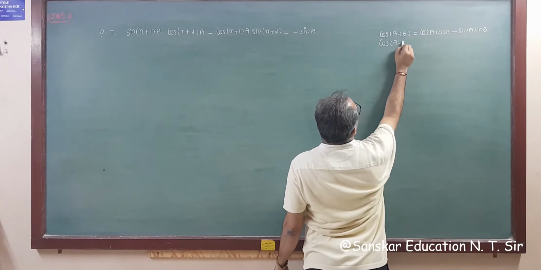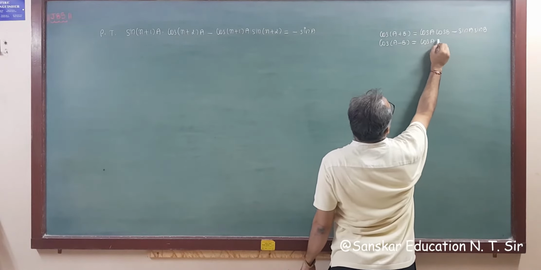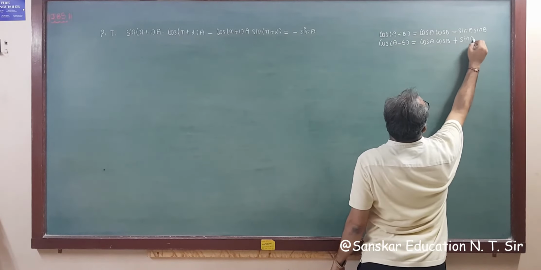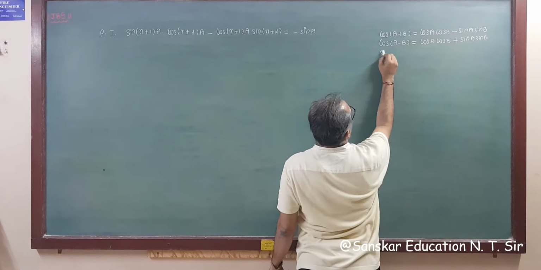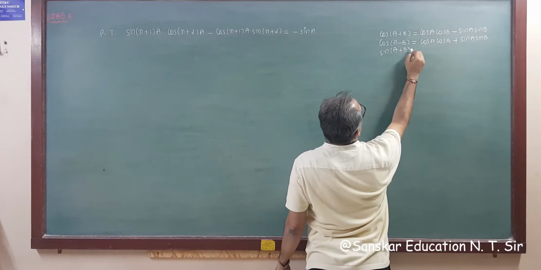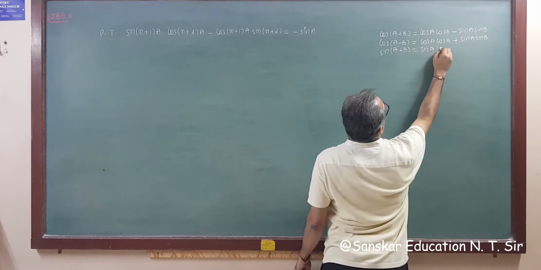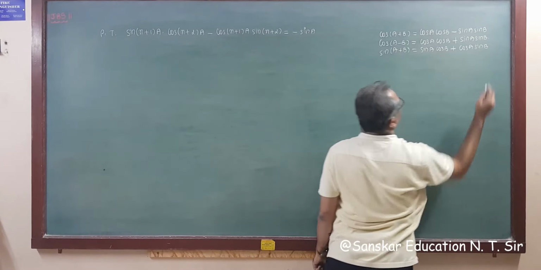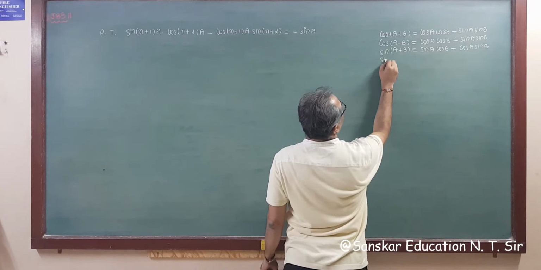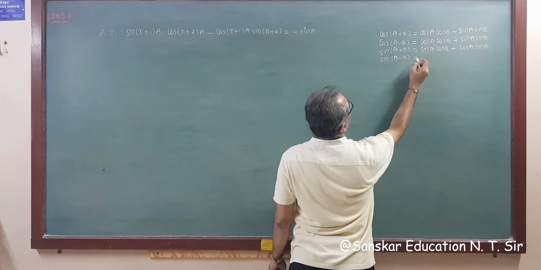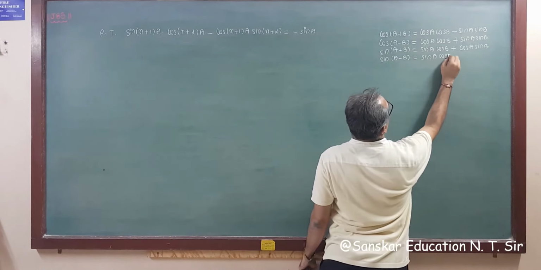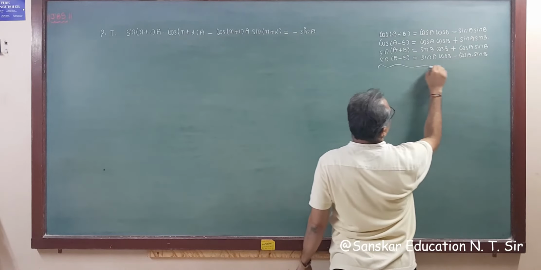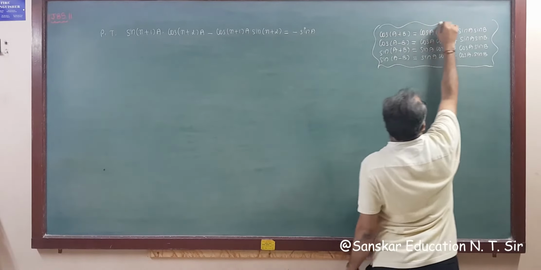Then cos(A minus B) is cos A cos B minus, then take plus, then plus sin A sin B. So this is sin A sin B, and sin(A plus B) is sin A cos B plus cos A sin B, and sin(A minus B) is sin A cos B minus cos A sin B. So these are the sets of 4 formulas we learned, right?